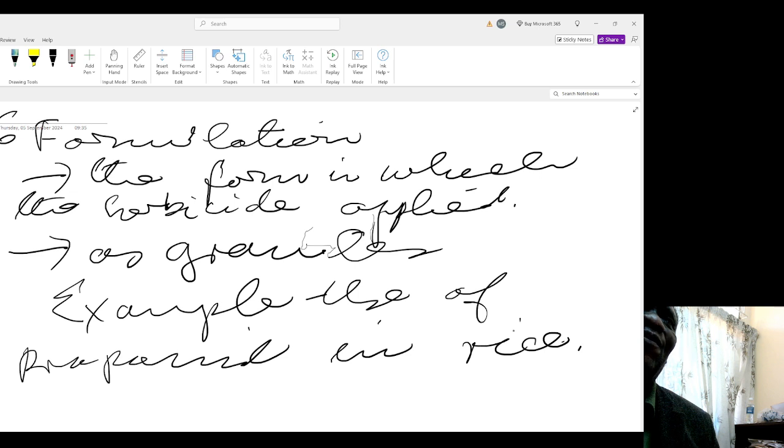So we can formulate herbicides in such a way that we apply them as granules. For example, the propanil herbicide, which is applied in rice. Of course, in Zimbabwe, we are not using it in that format. But in Asia, where a lot of rice is grown, they use propanil in granulated form.